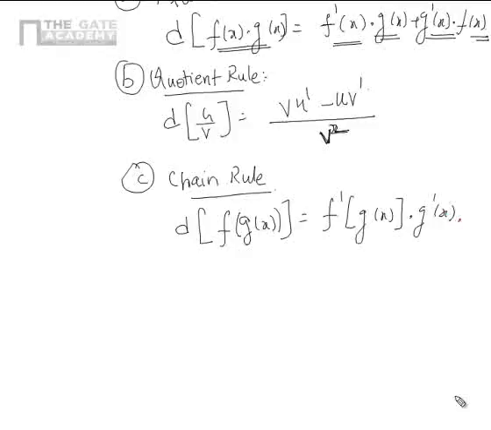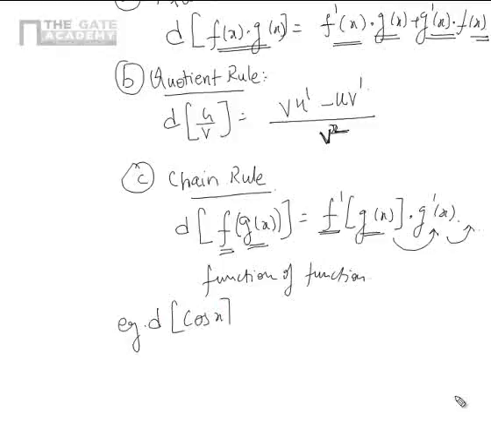That is, if I have a function of a function of a function, then I differentiate the outer function, then I differentiate the inner function, and I proceed like this. See, for example, let me differentiate cos x. What is differentiation of cos x? Differentiation of cos x is minus sin x.